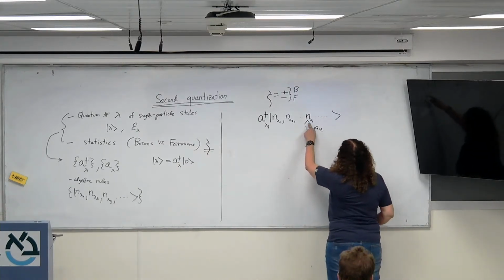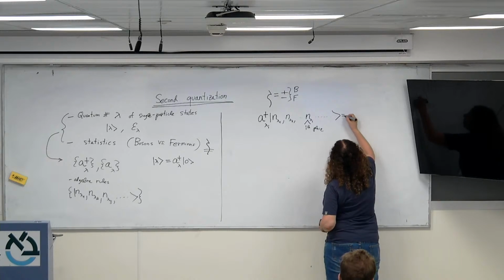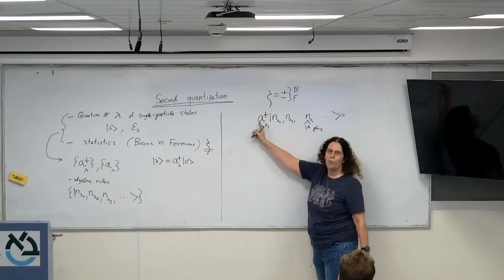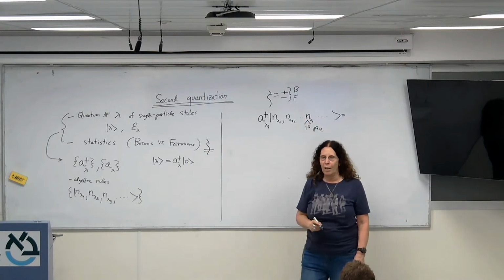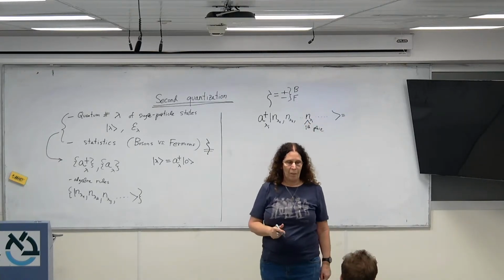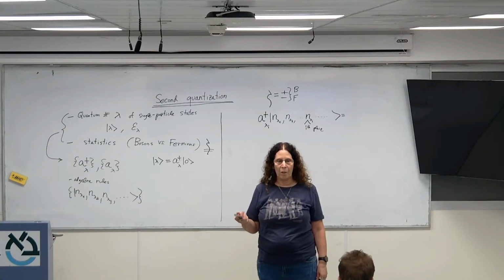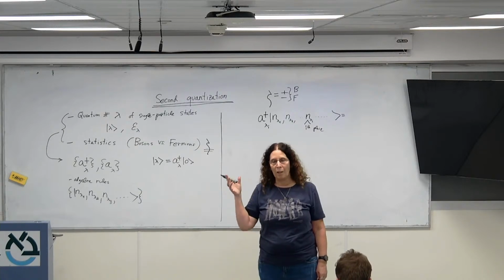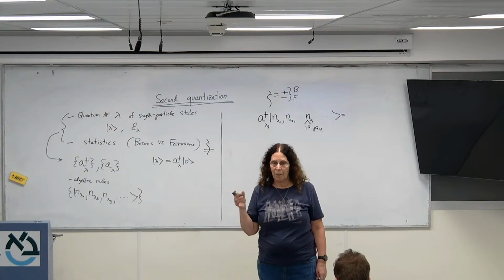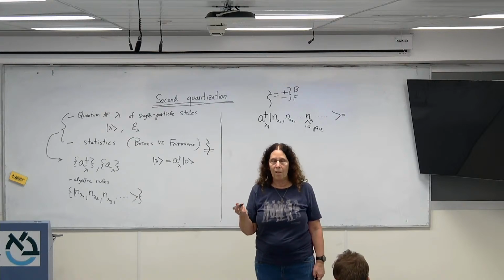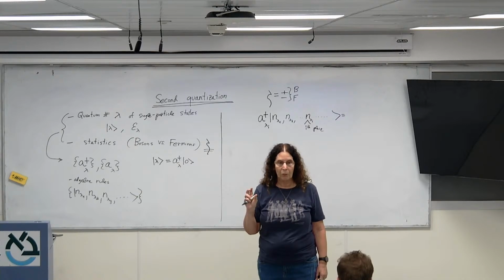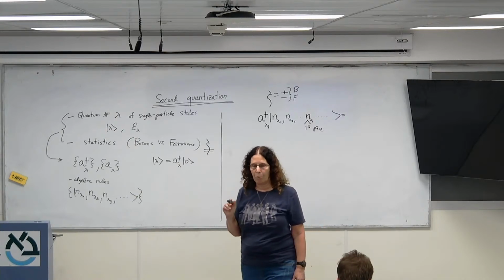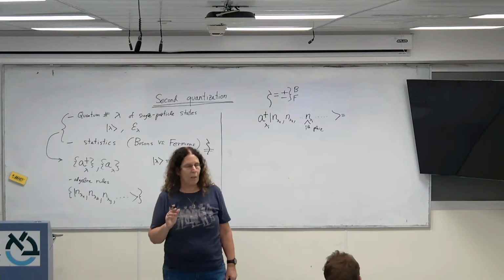So what happens if you apply a creation operator over a state that already has n_λi particles? A dagger creates a state with n_λi plus 1, right? Yep. It increases it by 1 up to some prefactor. Remember, all the states have to be normalized.